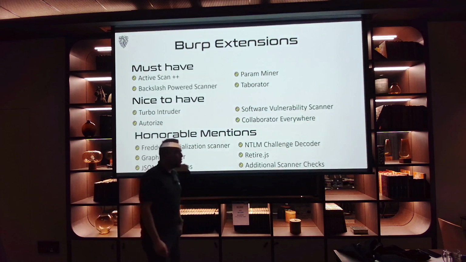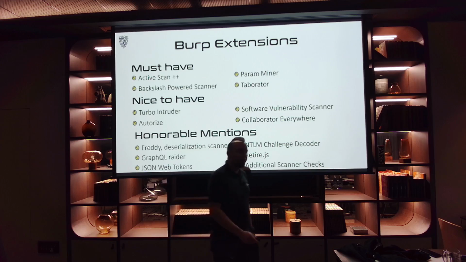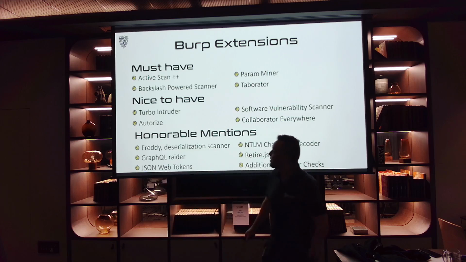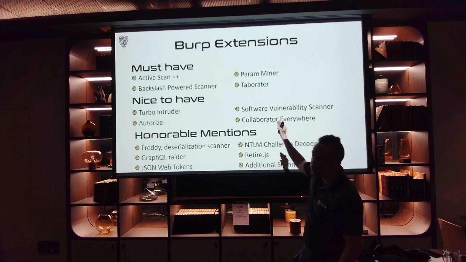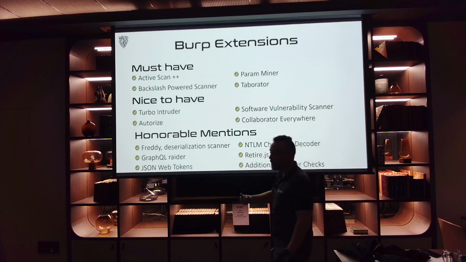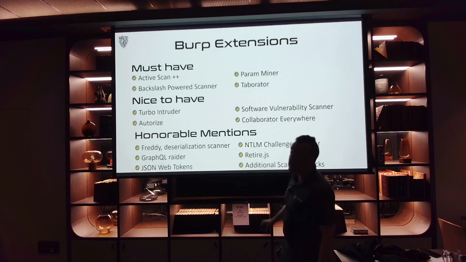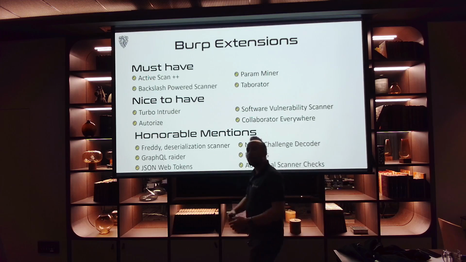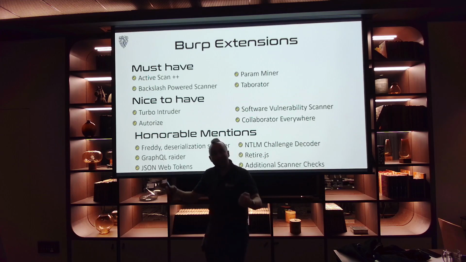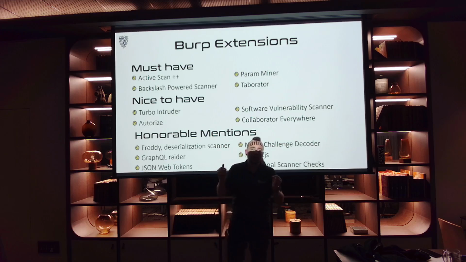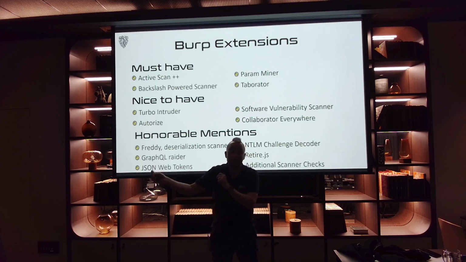Some of the most important extensions that I recommend you look at is first ActiveScan++. It will extend your vulnerability scanner with some extra nice-to-have checks. I recommend Backslash Powered Scanner, which will cause a lot more false positives when you're doing vulnerability scanning, essentially. However, the false positives are things for us to investigate and discover if it's a vulnerability or not.